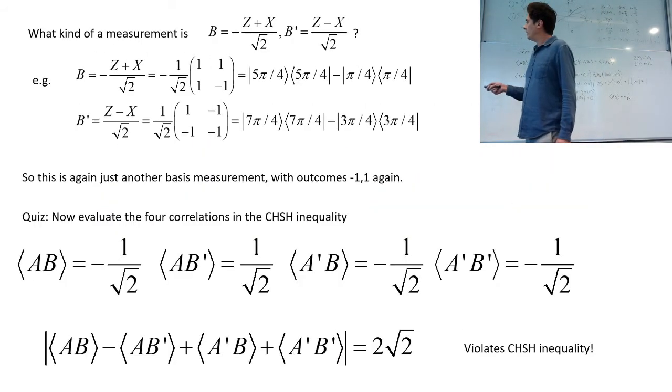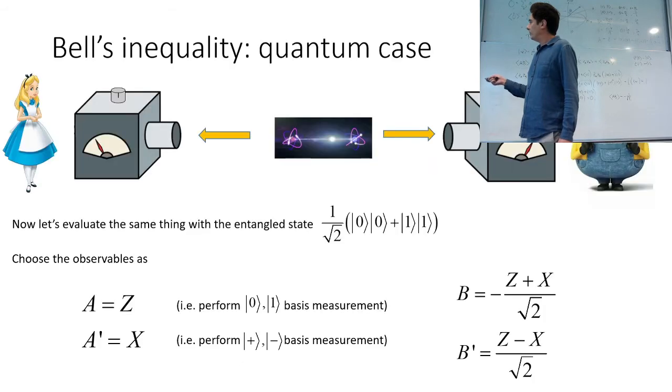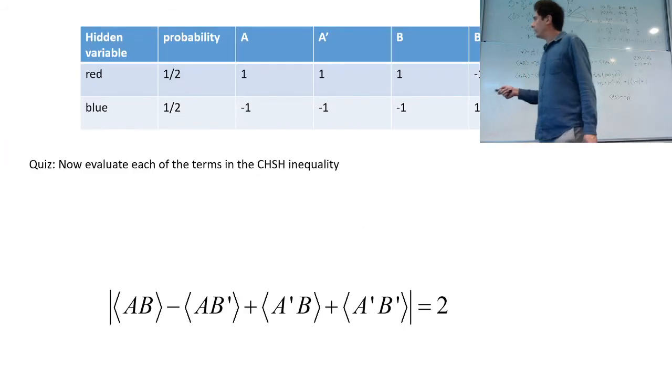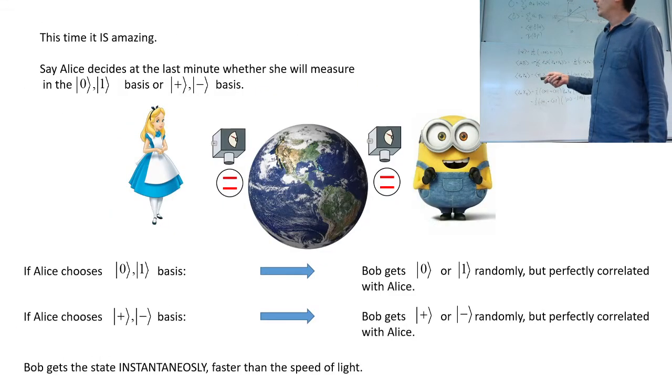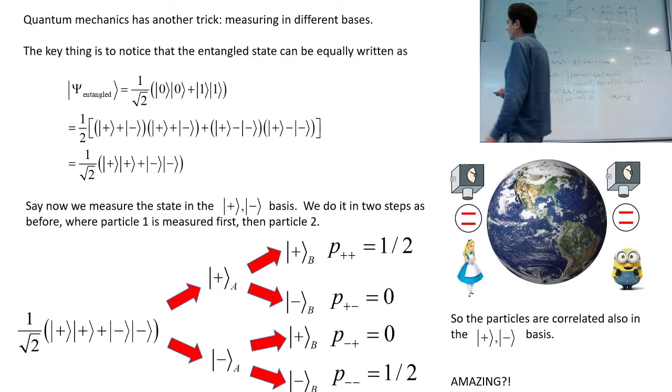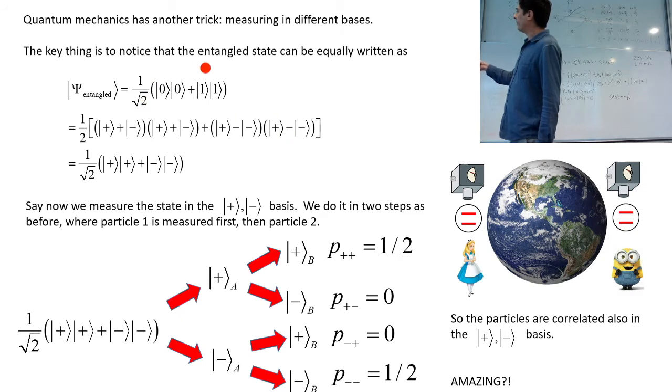Basically, because of this entanglement, when you start with this entangled state, there's this special property that entangled states have, which is that a state like 0011 is mathematically completely equivalent to the state plus plus plus minus minus.